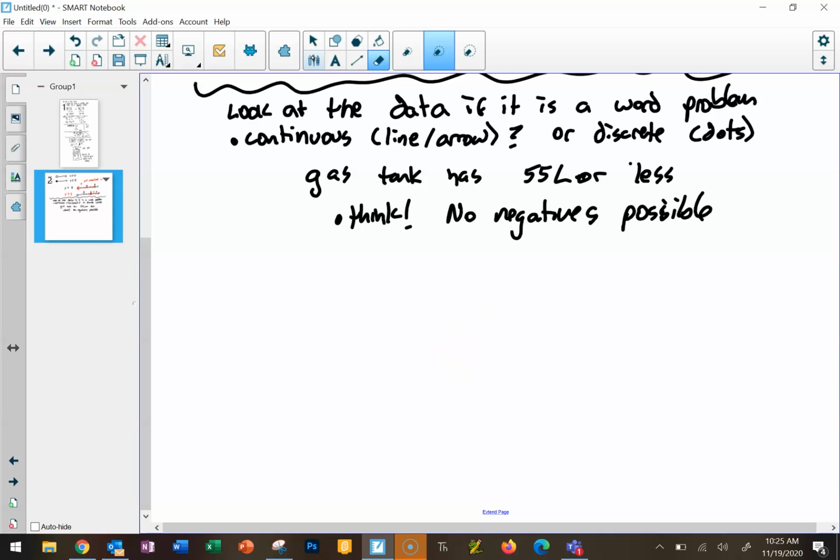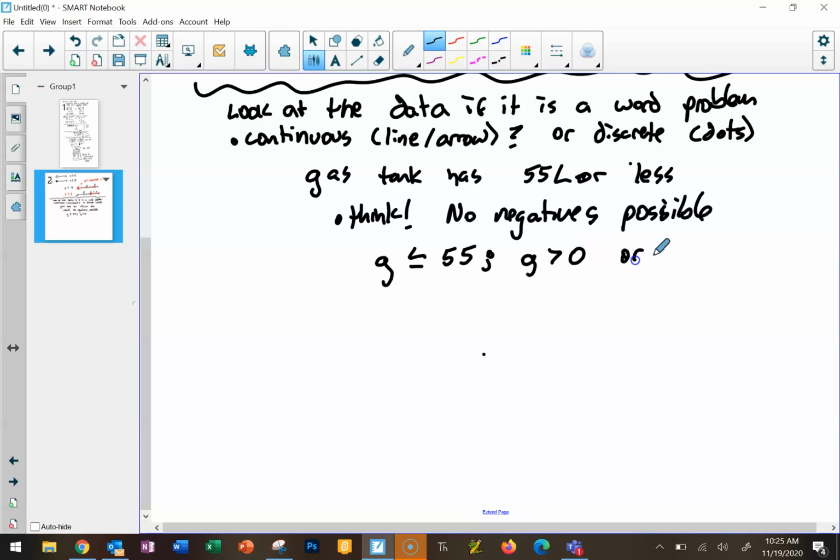So what that means is when you're writing the inequality, it was something like G for gas is less than or equal to 55, and then after that you would put that G must also be greater than 0. Okay, or G cannot be negative, something like that.